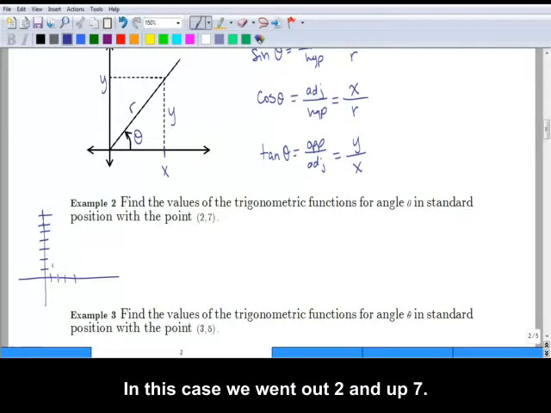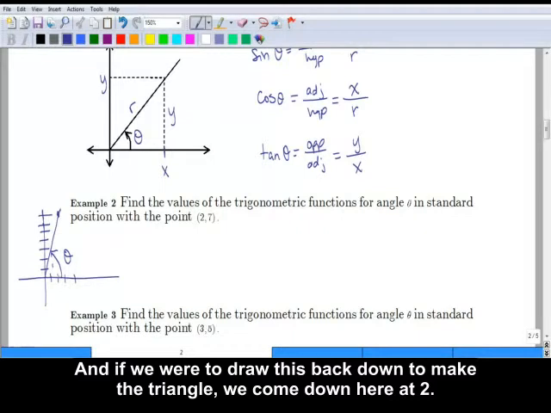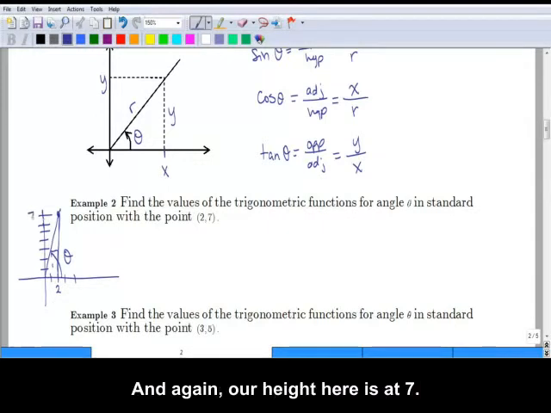In this case, we went out 2 and up 7, so it's a rather steep angle. And if we were to draw this back down to make the triangle, we would come down here at 2. And again, our height here is at 7.